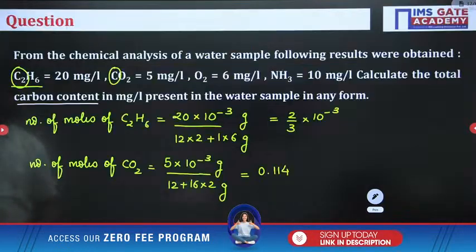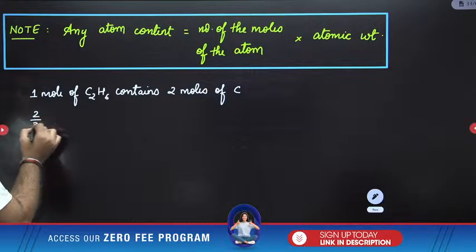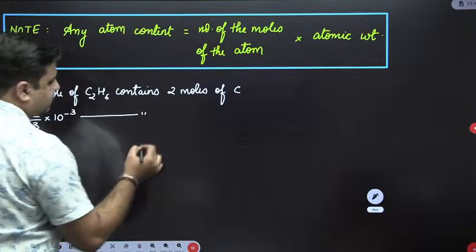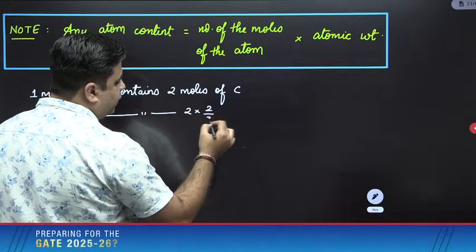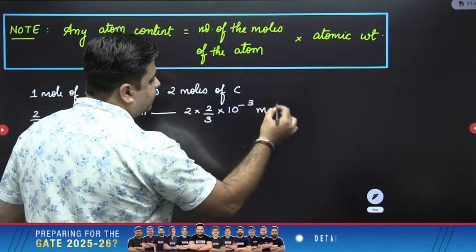So 2 by 3 into 10 raised to the power minus 3 moles of C2H6 contains 2 into 2 by 3 into 10 raised to the power minus 3 moles of carbon.